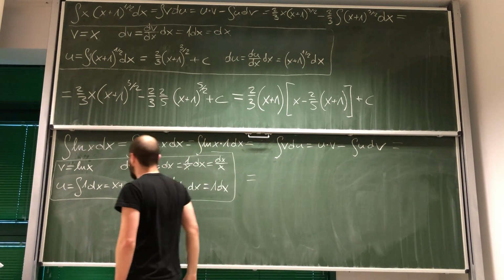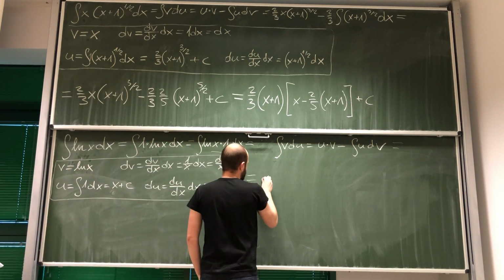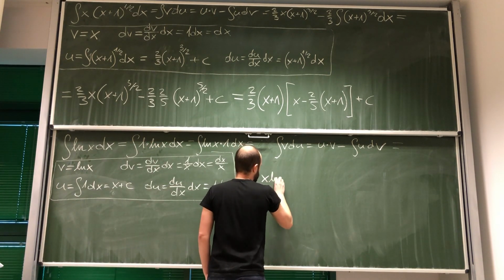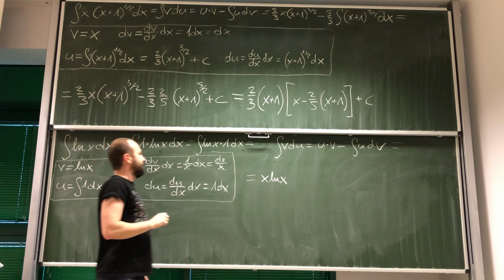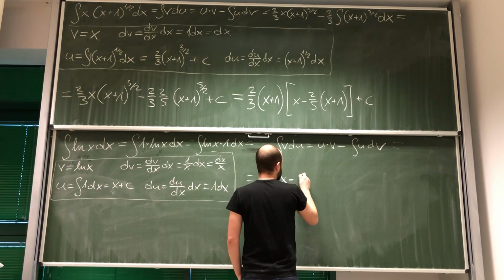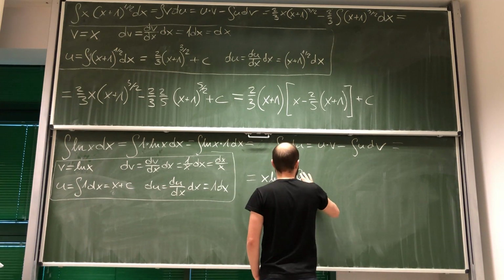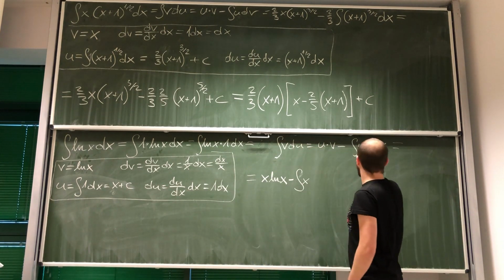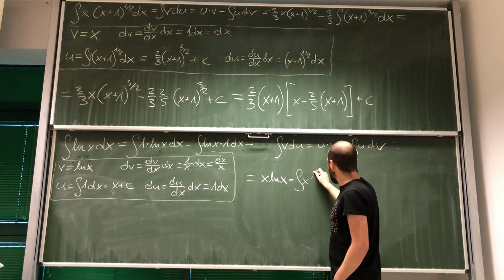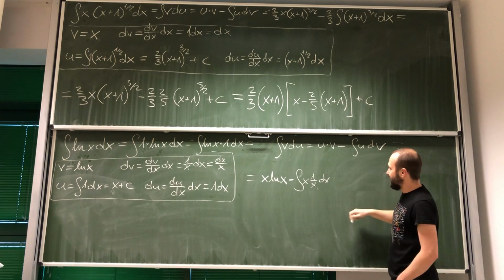So u times v is x times ln x. Then we've got minus the integral of u, which is x, times dv, which is 1 over x dx. And look, those two cancel each other out.